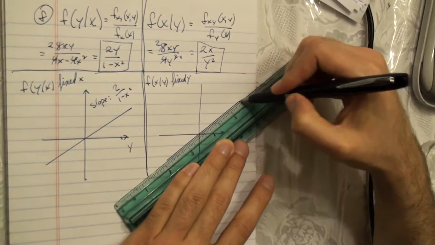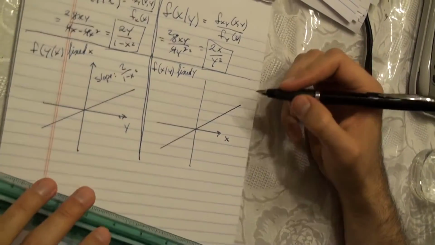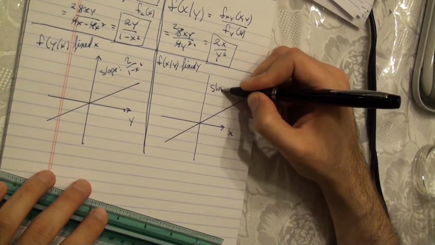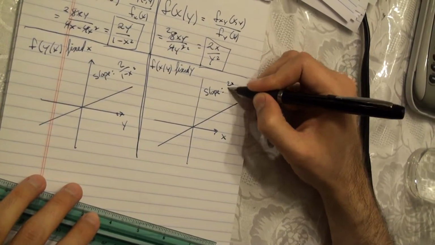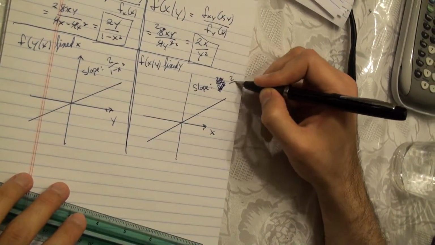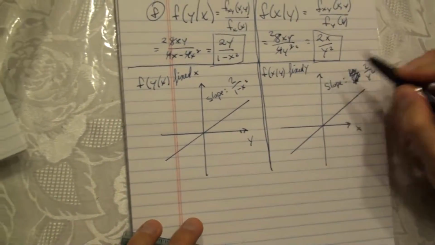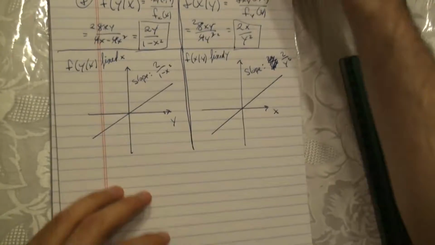By the way, both of these lines cross the origin. This is going to be a slope of 2 over y squared. So that completes part F.